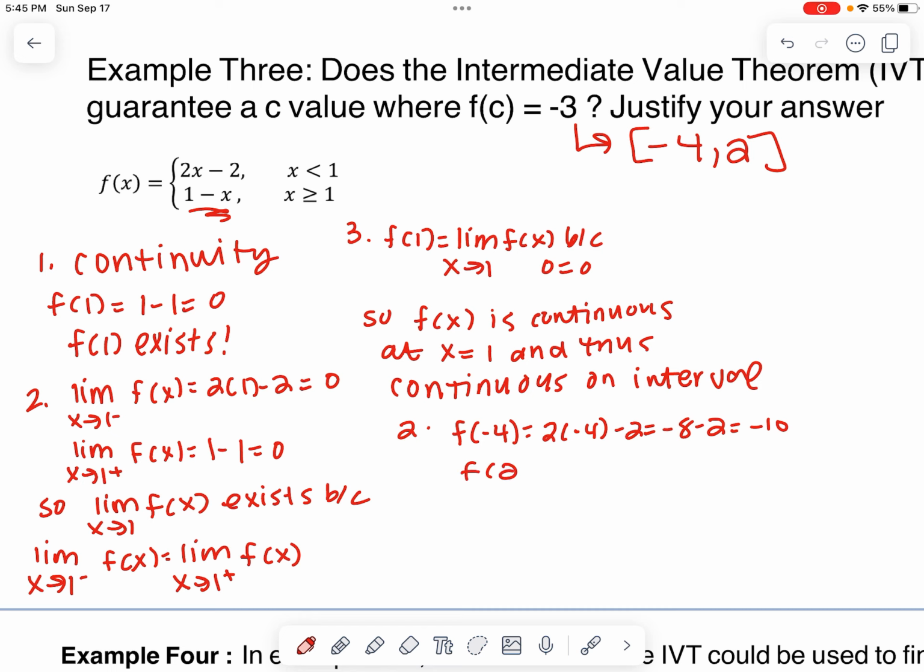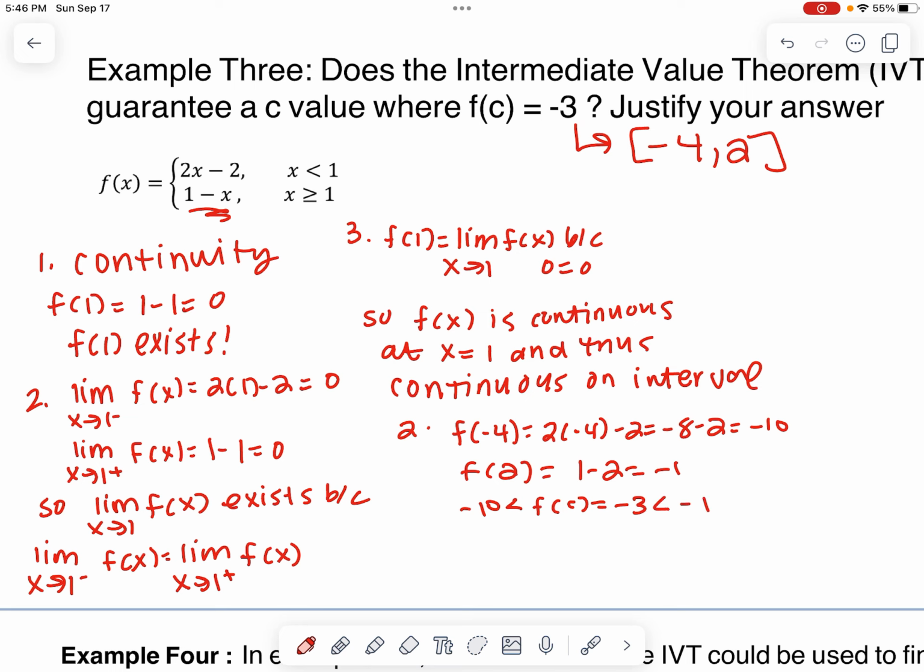And then I got to find f of 2. And I use the bottom function because 2 is greater than or equal to 1. And I'll do 1 minus 2 and get -1. And that works. It would be really sad if that didn't work because we went through all that work with the continuity. But -10 is less than f of c, which equals -3, which is less than -1.